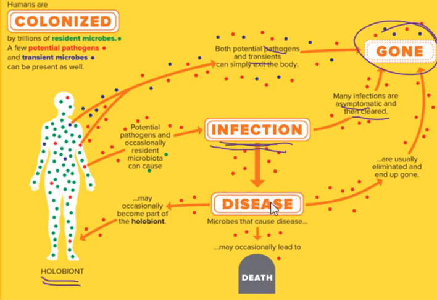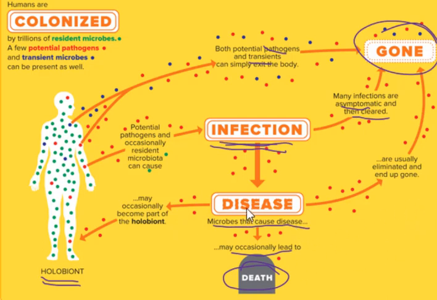Or the infection could expand and proliferate and spread through the body, and the microbes can cause disease. So you could have some symptoms, and if your immune system can't handle it, and for whatever reason this microbe is super pathogenic, occasionally that leads to death. This could be something like pneumonia or sepsis, or it could be COVID.